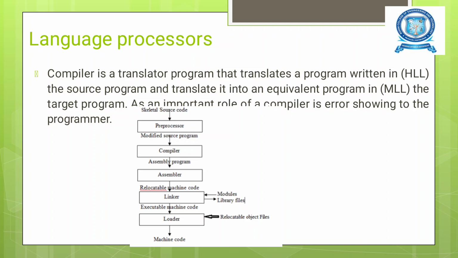This program is run by the preprocessor, which includes the needed header files, then it is compiled by the compiler. At that time it converts into assembly language, which is given to the assembler. After assembler processing, it generates an object code that is to be loaded by the loader.